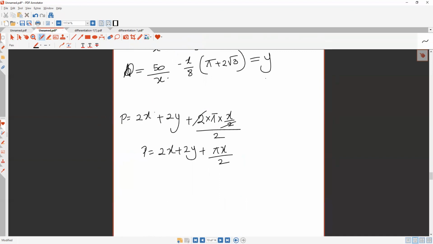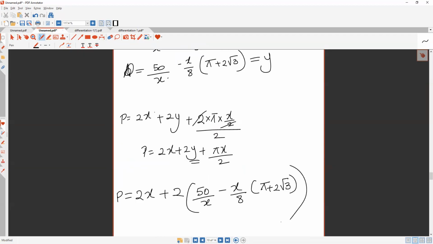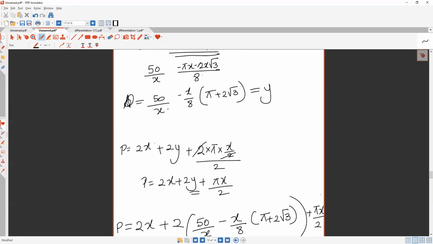Okay, I substitute here. So P is equal to 2x plus 2 times y, in place of y, 50 by x minus x by 8 open bracket pi plus 2 root 3 close bracket close bracket. Clear? Pi x by 2. Clear till here, everyone? I'm doing B part now.